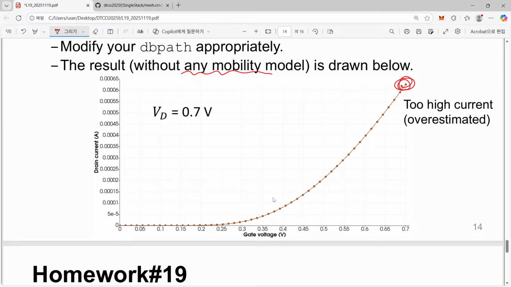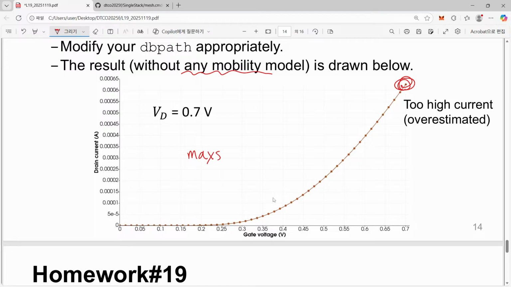Then please add physical models and rerun with them, and you will find that the convergence behavior is not that easy. Sometimes you will have an unconverged result. Then how can we avoid that problem?